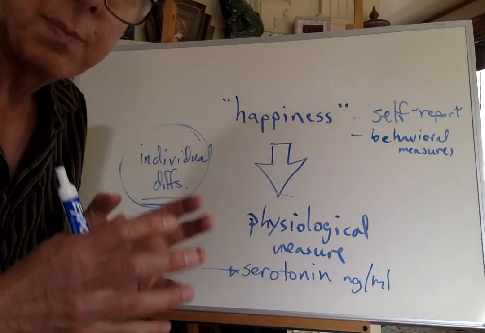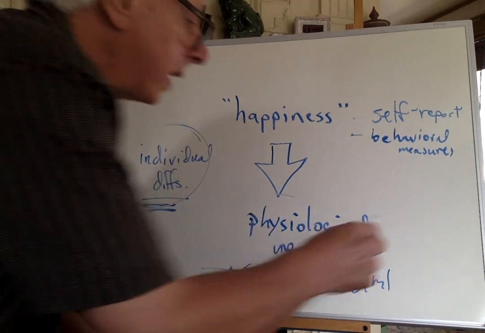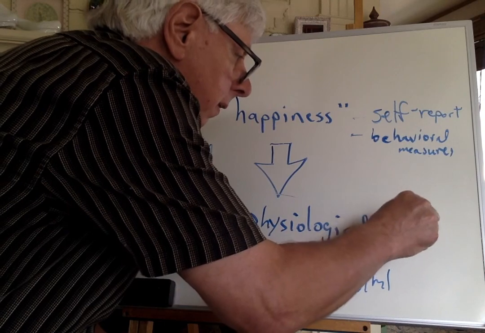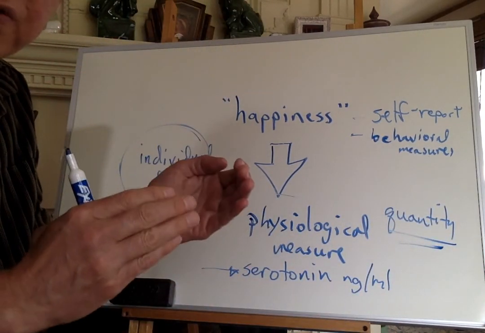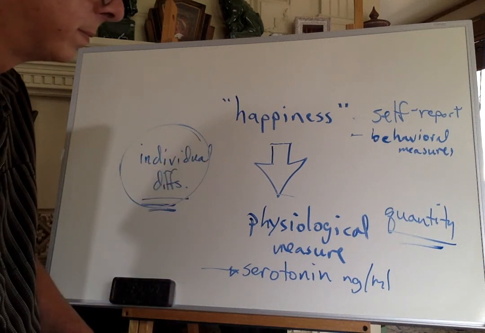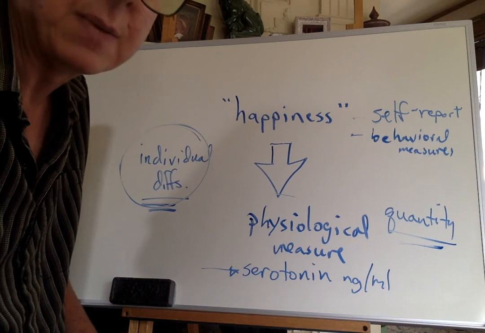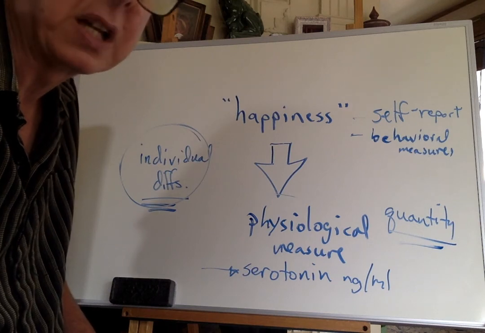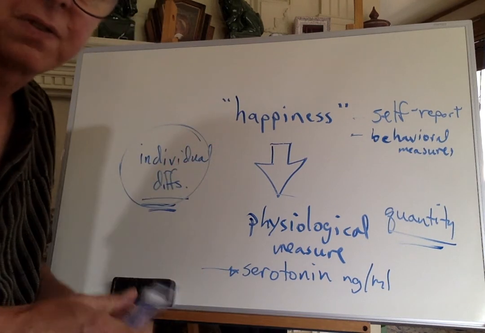What mathematical function are we going to use? Subtraction. So what do we need here? We need a quantity. So we'd look at differences or change in serotonin levels. And sometimes people are like, well, that seems kind of sterile. It's too much lab stuff for happiness.